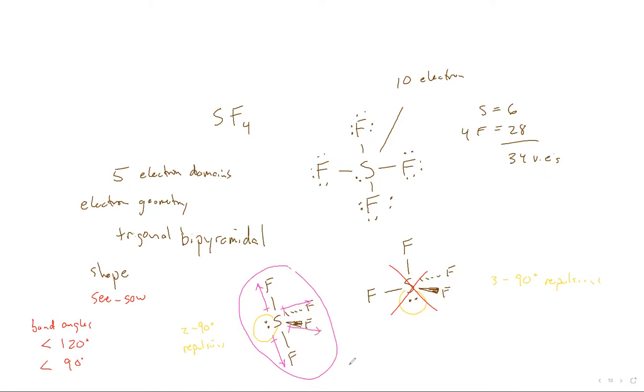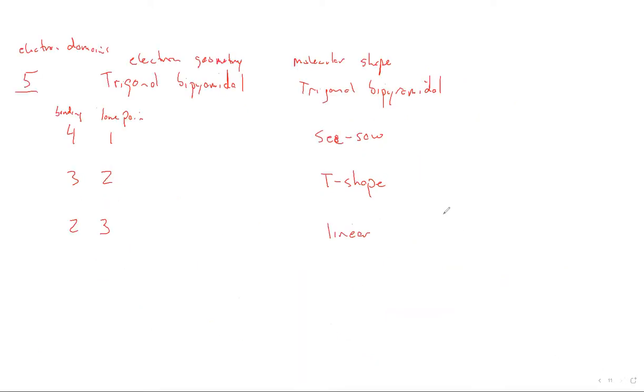You're not having that other bond canceling. So once you go to these derivatives, you start to get the possibility of polarity. And linear is probably back to a symmetrical structure.